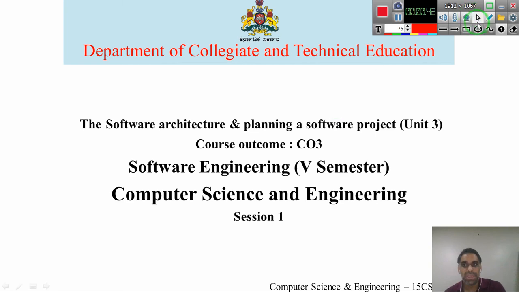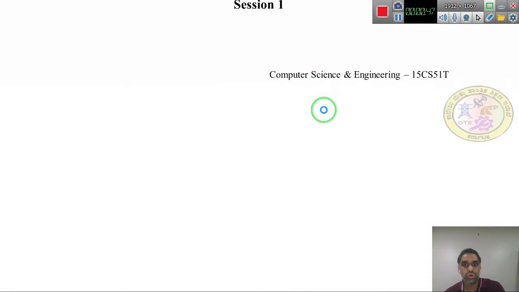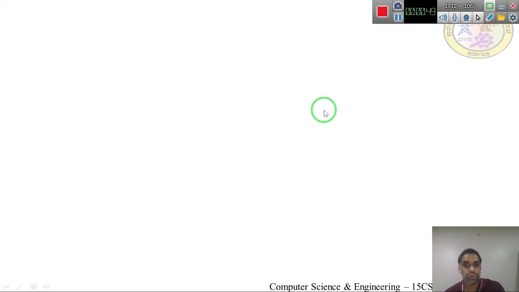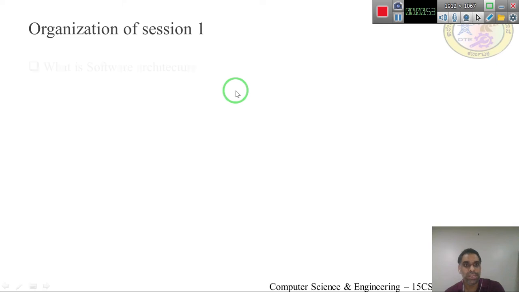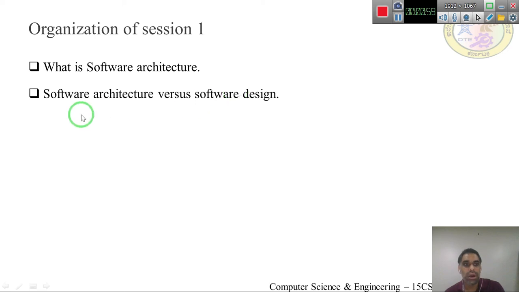Before I begin with my actual content, I would like to show the contents which I am going to discuss in this session 1. Session 1 contains, first, what is software architecture. Second, we will discuss the difference between software architecture and software design.